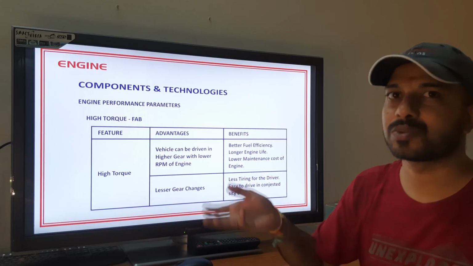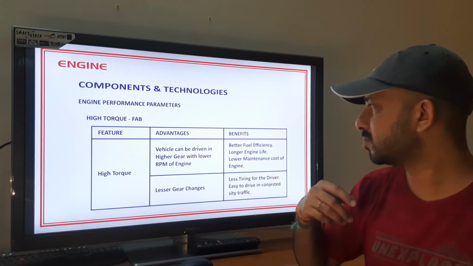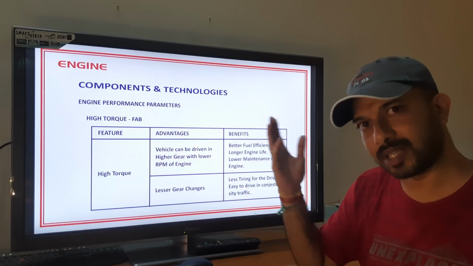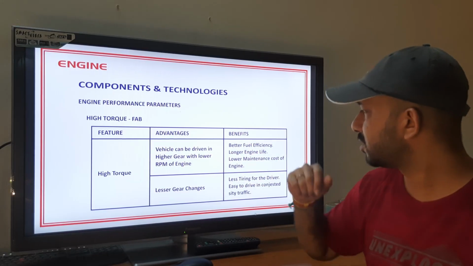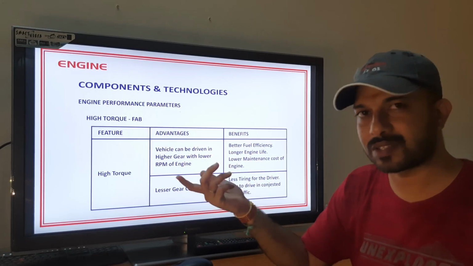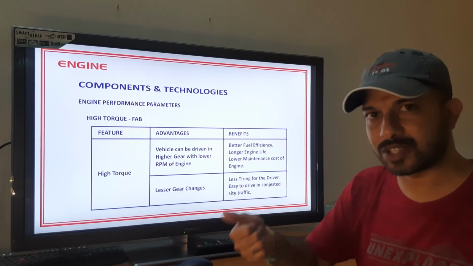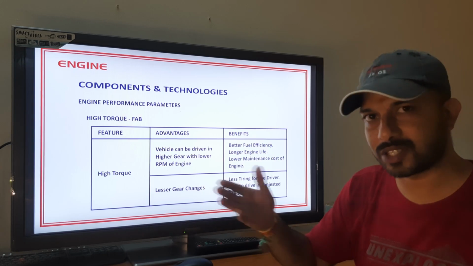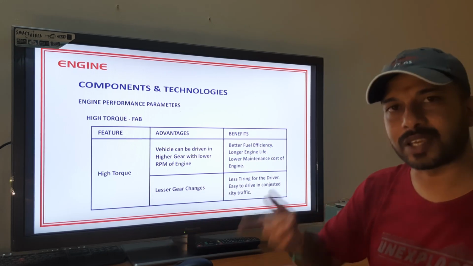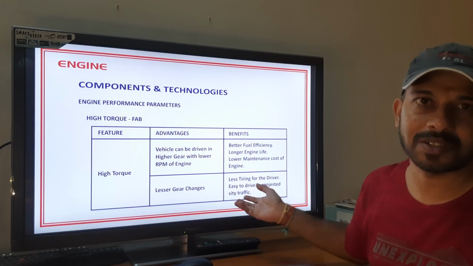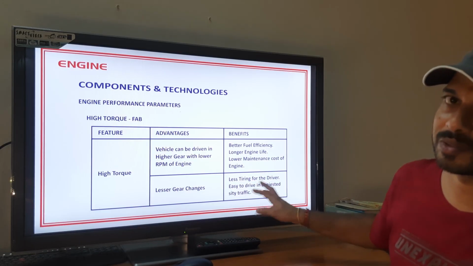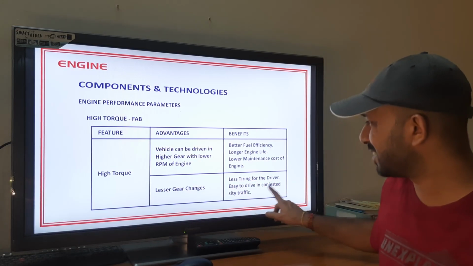You don't have to rev it higher to burn more, and you get better engine life, since we are not running it to the redline, and lower maintenance cost. Then come lesser gear changes, lesser gear shifts, which is less tiring for the driver and easy to drive in congested city traffic. And I made a spelling mistake here, congested and city.